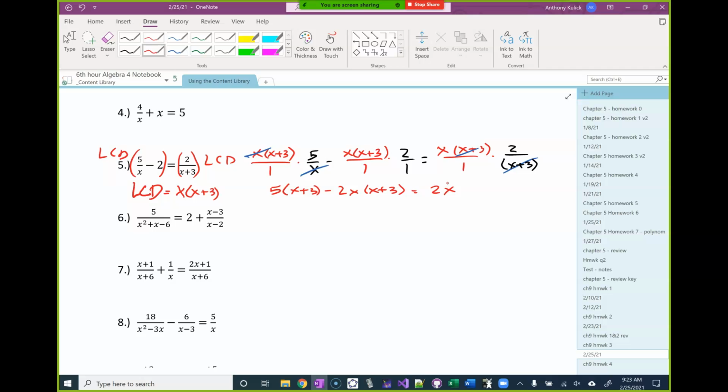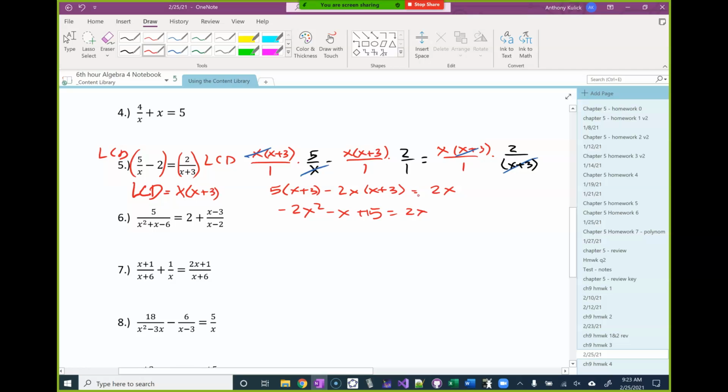Is that okay, Joe? So negative 2x squared minus x plus 15 equals 2x. Okay, yep. And this is a quadratic.